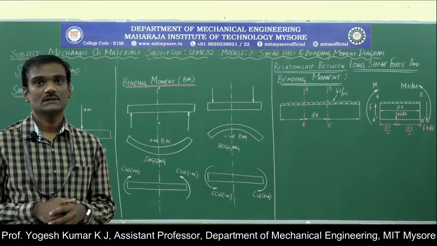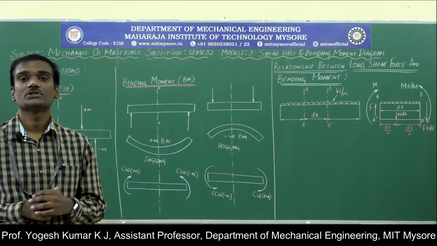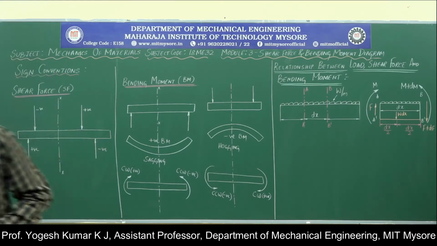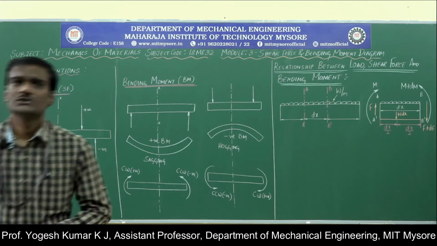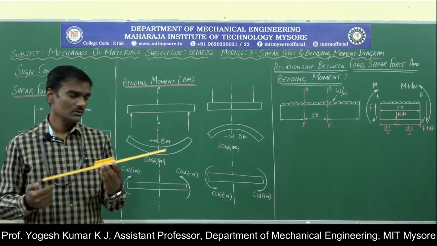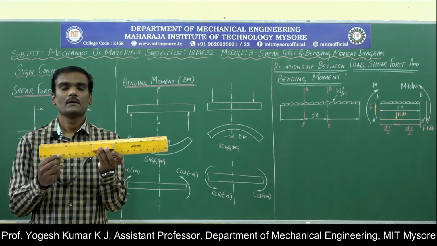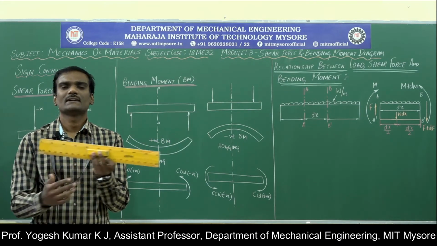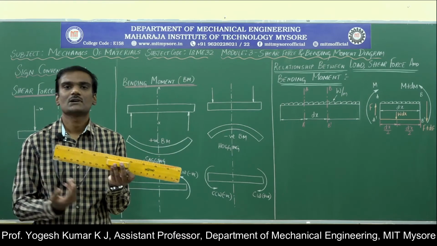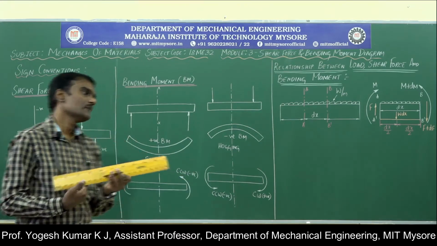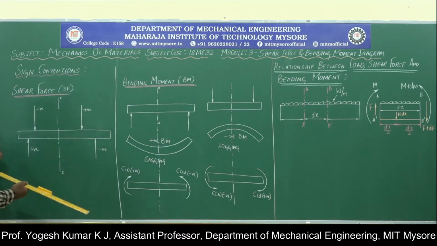So let us start with shear force sign conventions. Now I am considering this as a beam. Let us not worry whether it is simply supported or a cantilever, let us take this as a simple beam.